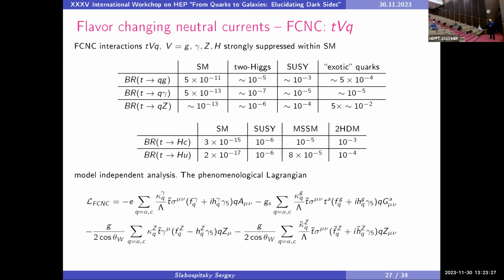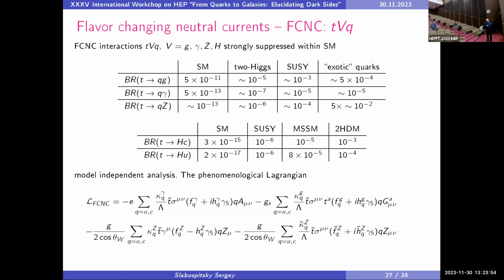Maybe one of the most interesting, or maybe most intensively studied, is the flavor-changing neutral currents, when the top quark transits to a light quark and radiates a photon, gluon, Z boson, and so on. This process could exist in the standard model, but the expected branching ratio is very, very small, about 10 to the minus 11 or 10 to the minus 17.